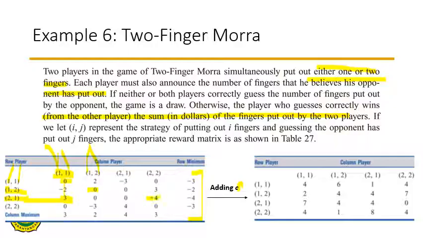I believe the most negative amount is -4 here. So we add +4 to all these elements such that we get the new reward matrix where we do not have any negative reward, such that later in our formulation all variables will be greater than or equal to 0.